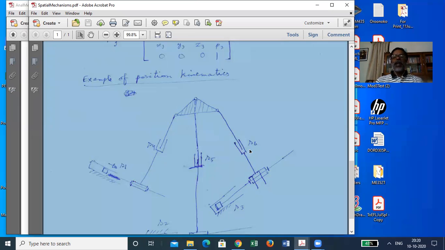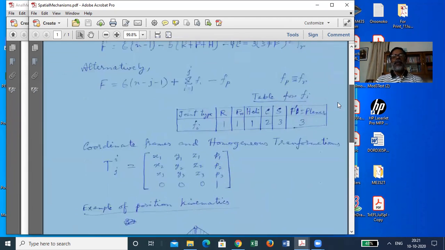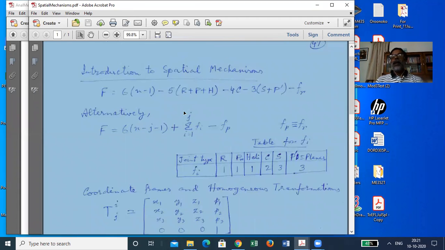So that RSSR is the simplest kind of spatial mechanism. In spatial mechanism parlance, the RSSR mechanism is the true analog of our 4-bar mechanism. Okay, you give input to this revolute pair and get output here. Through this particular line, I am actually suggesting that the RSSR mechanism has a single degree of freedom. But if we put it in the formula, what will we get?